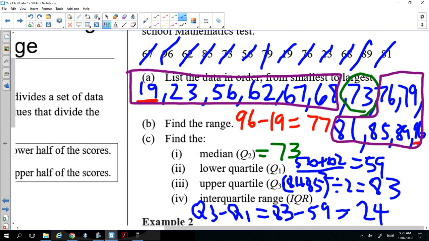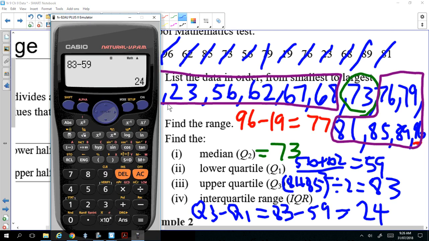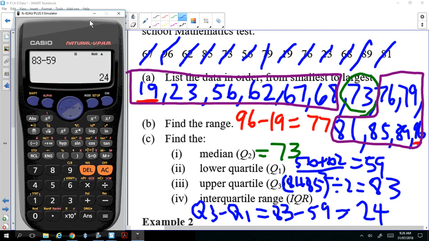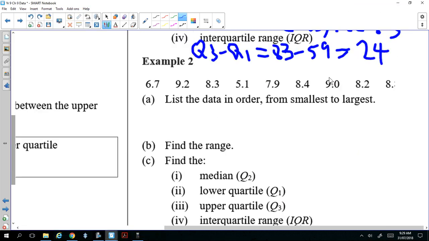All right, any questions? Okay. Let me show you. You can do all of this on a calculator. If you need to borrow one, come to the front. Any questions? All right, try this question.